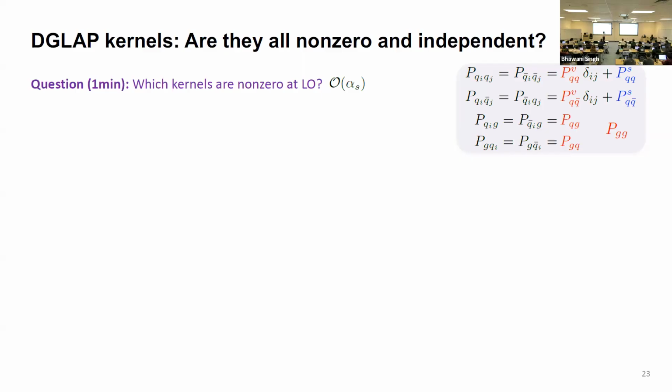The first question I want to give you is, which kernels of these 7 ones are non-zero at the leading order? And what kind of diagrams give these kernels? I'll give you 1 minute. Feel free to discuss with your classmates.